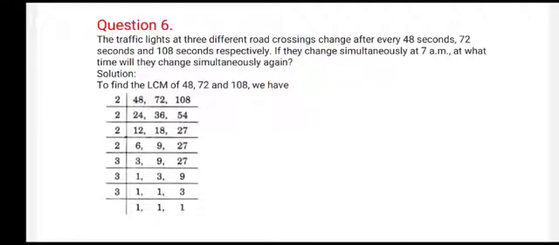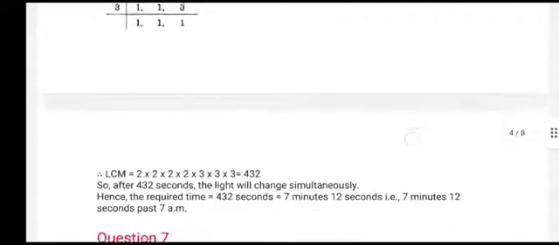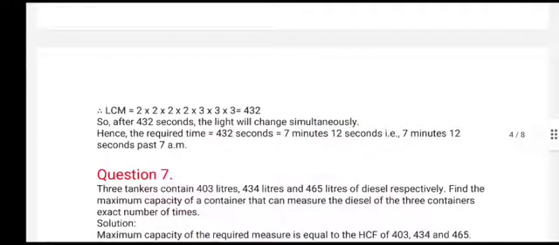But you need the first time when the 3 signal lights are going to blink together, that is simultaneously at one time, all the 3 signal lights giving the same direction for the vehicles to go. So for this question, even LCM will give you the correct answer, and if you take out HCF, that will also give you the correct answer. Here they have given you the LCM technique, but I tell you, better go by HCF. You will get the answer quickly.